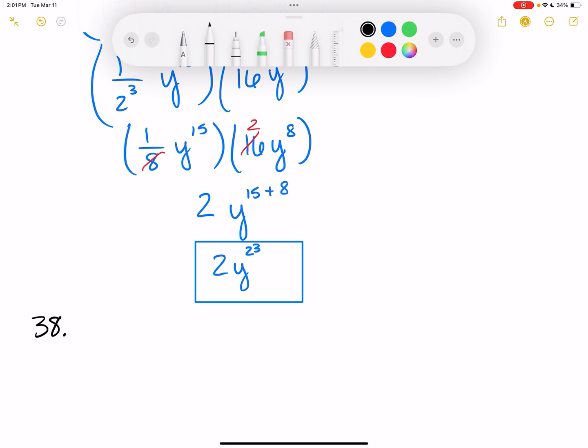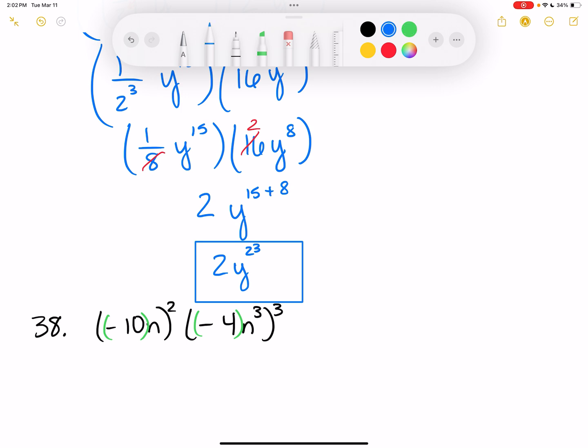Number 38. Negative 10n squared, all in parentheses being squared, times negative 4n cubed, and all of that is cubed. Distribute. I would put these negative numbers in parentheses so that I'm paying attention to that.